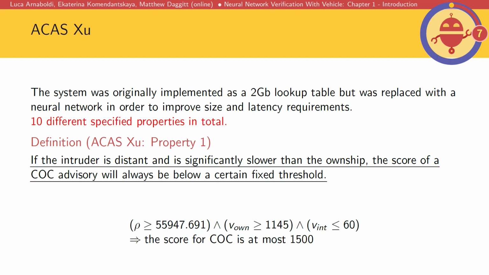And moreover, this is said in English, and then engineers who were implementing this air collision avoidance system also could actually give some numbers to this. They said, well, the angle should be greater than this, and speed should be greater than this, and own speed should be this, and intruder speed that. And in this case, that's the score of clear of conflict.